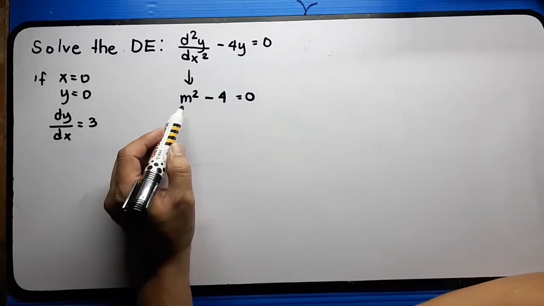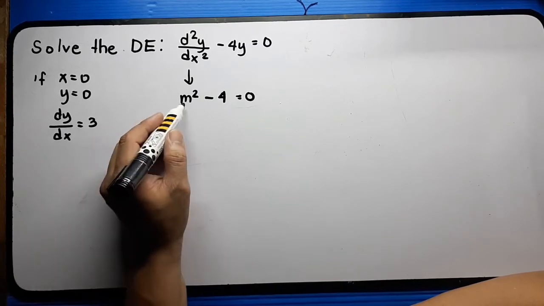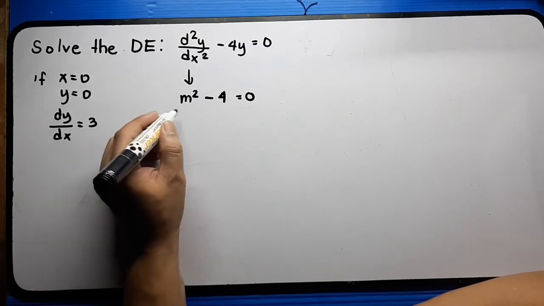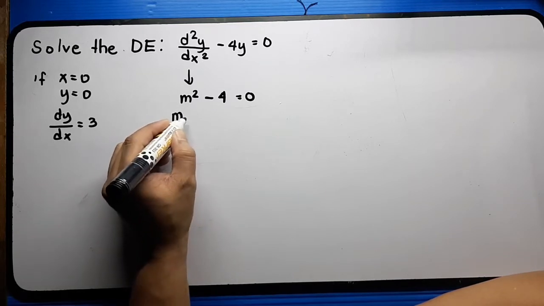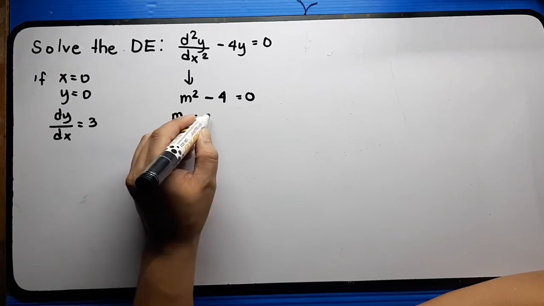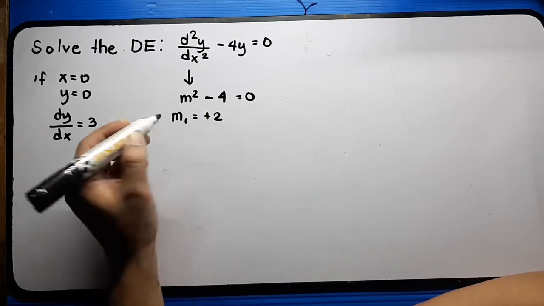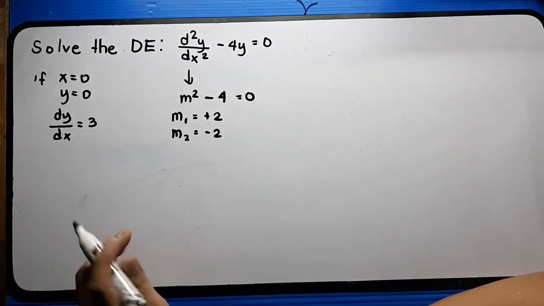Then after converting the derivative to m, we will solve for the roots. So for this, m squared minus 4, m is either positive or negative 2. So let's say m1 is positive 2, m2 is negative 2.